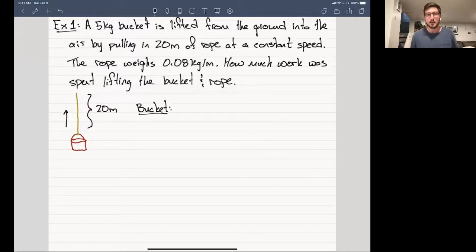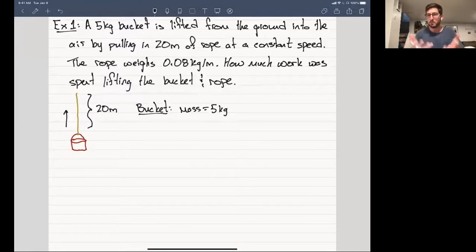So the bucket in this case, we can find the force being exerted just using Newton's second law. So that is force is equal to mass times acceleration. So we know that the mass of the bucket is 5 kilograms. And the acceleration here is going to be the acceleration due to gravity. So that's the force that's pulling this bucket down, right?